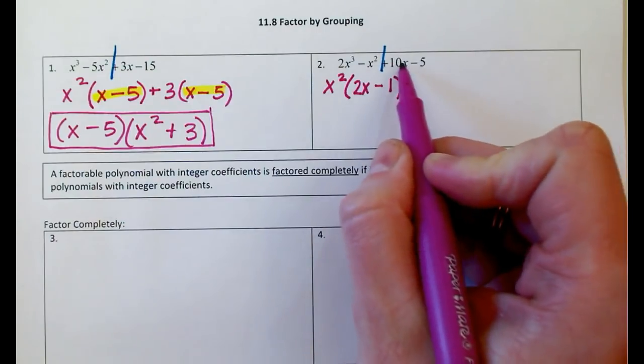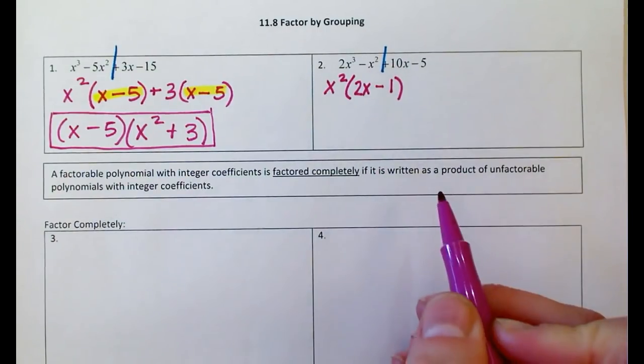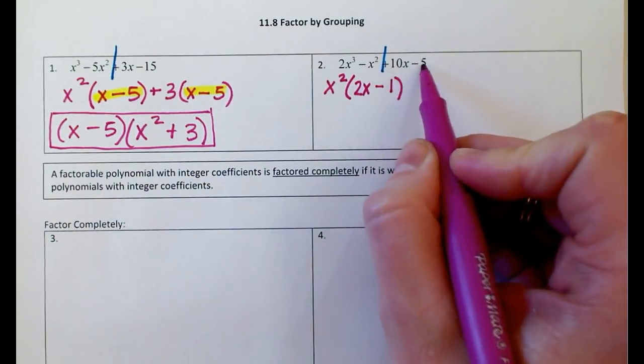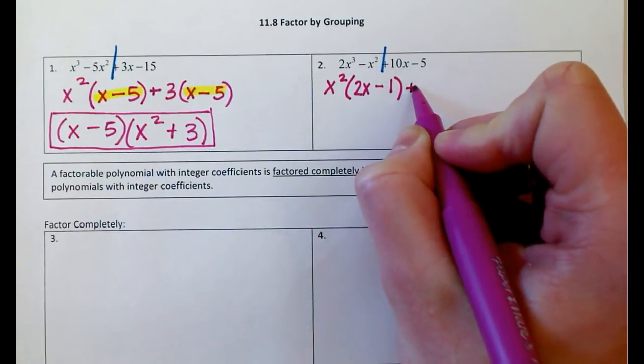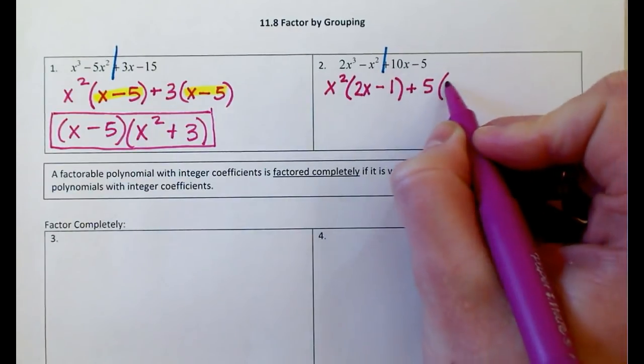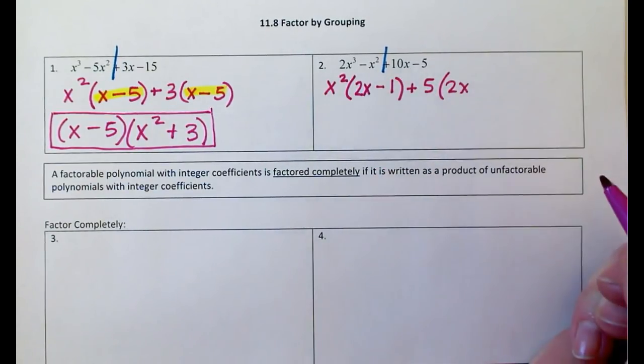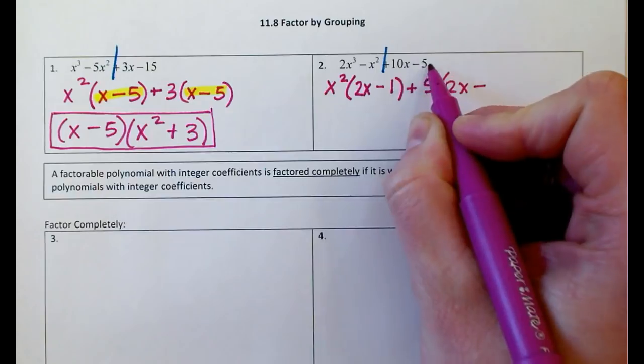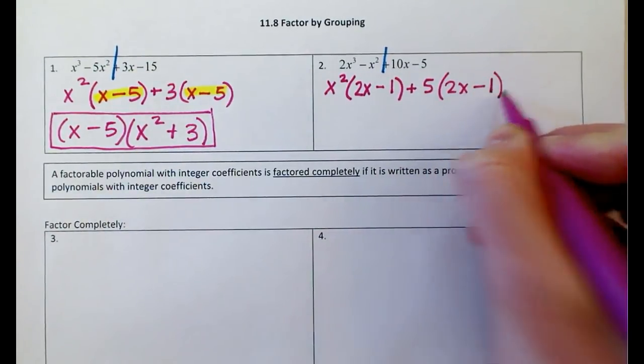My second 2 terms, looking between 10x and negative 5, I have a 5 in common. So positive 5, and that leaves 2x from the first term and a minus 1 placeholder from the second term.